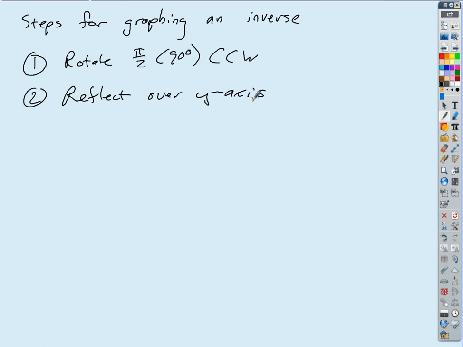So for example, let's say I start with the function x squared plus 4, something like that. So it looks like this.